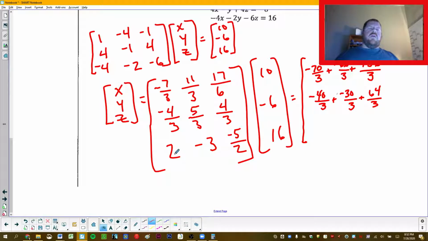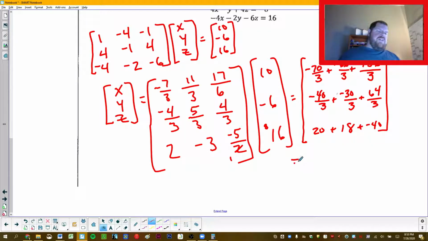And then we have 2 times 10, 20. Plus negative 3 times negative 6 is 18. Plus negative 5/2 times 16. I am going to reduce that. I'm going to think of that as an 8, and that is a 1. So 8 times negative 5 is negative 40.